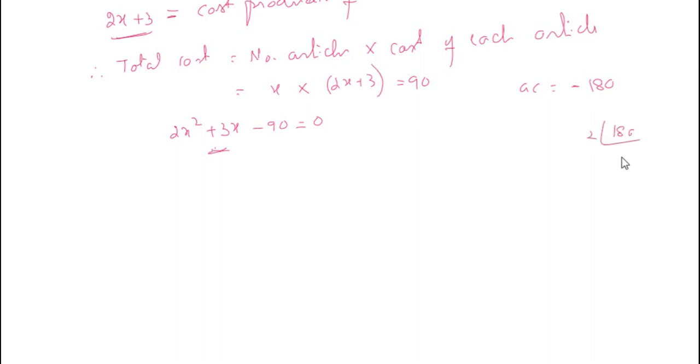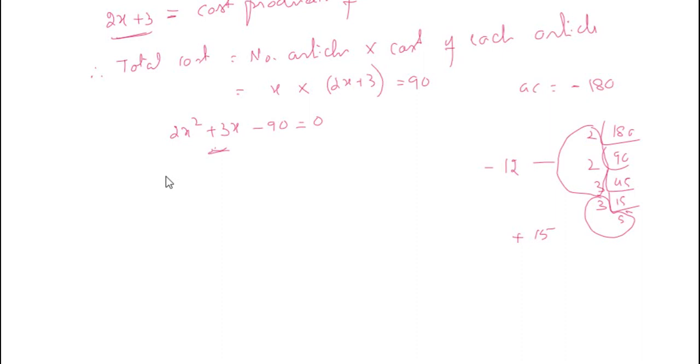Divide by 2, 90 divided by 2, 45 divided by 3, 15 divided by 3, 5. Let us take these two, 5 into 3 and these 3. So this will be 12, this will be 15. It has to be positive, so this is positive, this is negative.